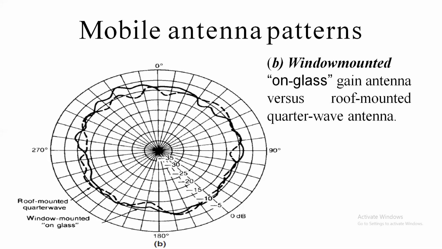Whereas the position of the glass mounted antenna is lower than the roof mounted antenna. Okay. That means roof mounted antennas are placed above the glass mounted antenna. Generally, there is a 3 dB gain difference between these two antennas.